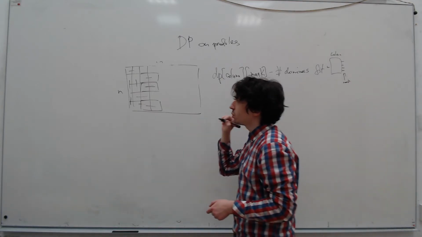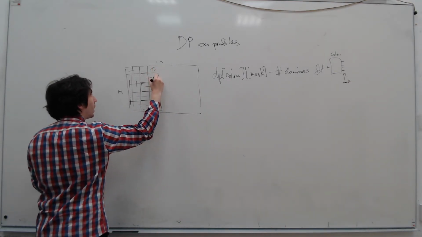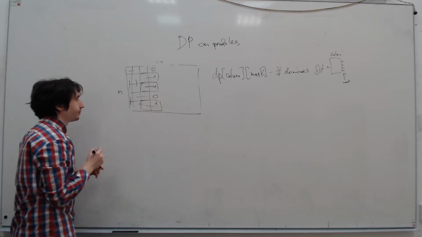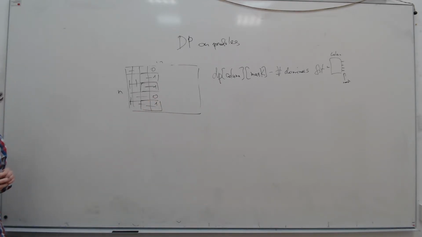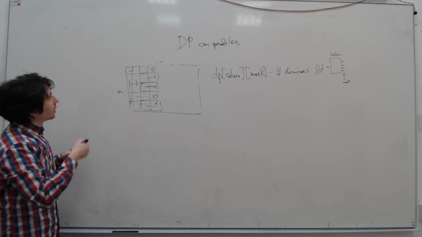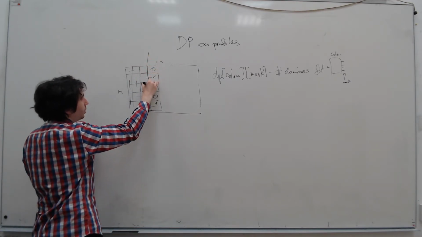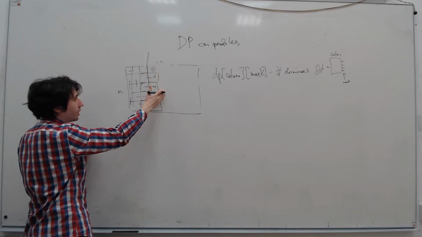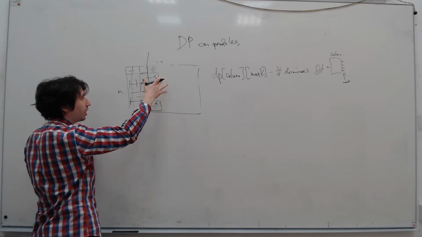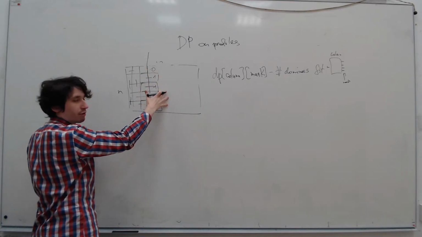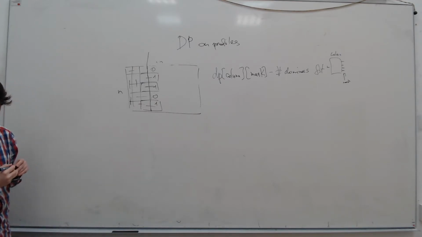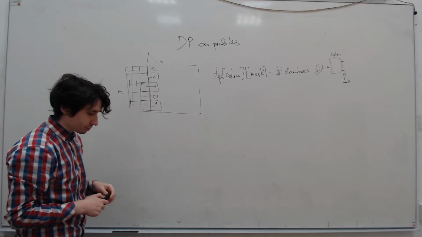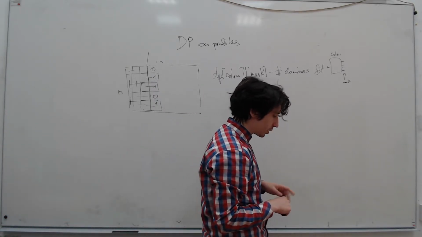So for example, this one will be 0, 1, 1, 0, 1. So you split here, and it shows you which cells are already taken, covered by dominoes. So the question is how to update this dynamic programming.